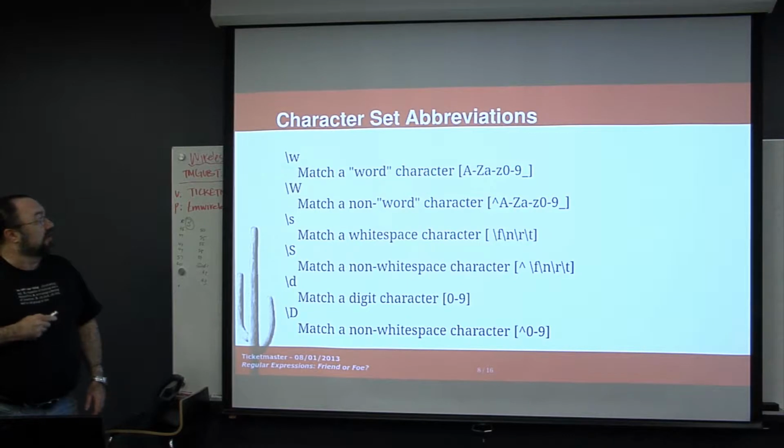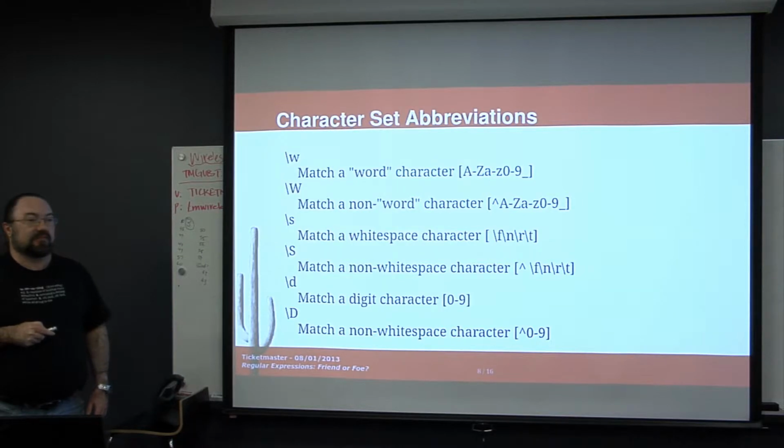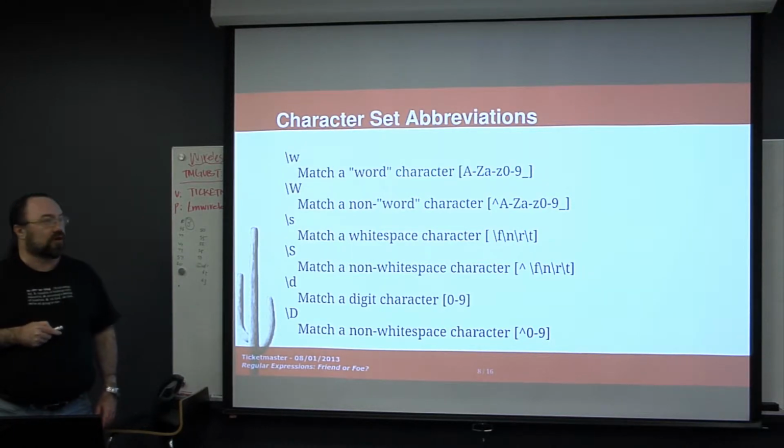So this \w matches a "word" character, because basically it's Perl's definition of a word, which is alphanumeric plus underscore.